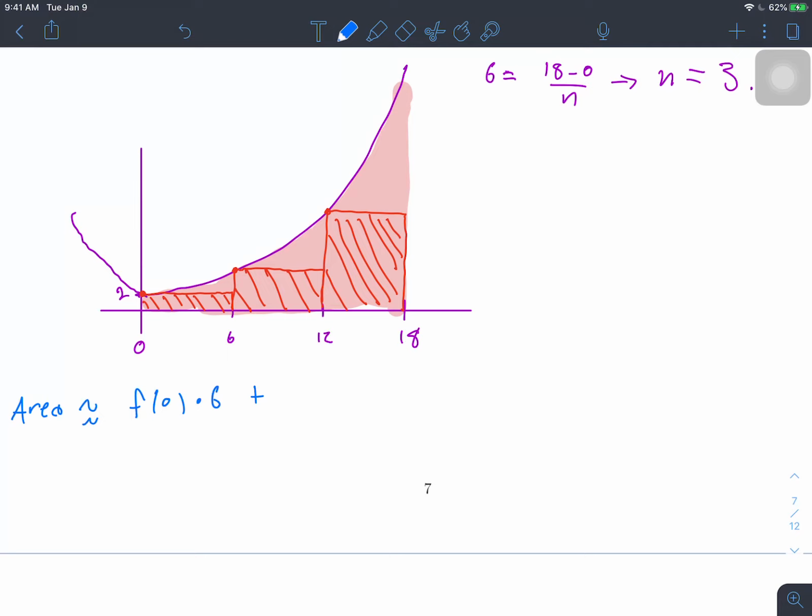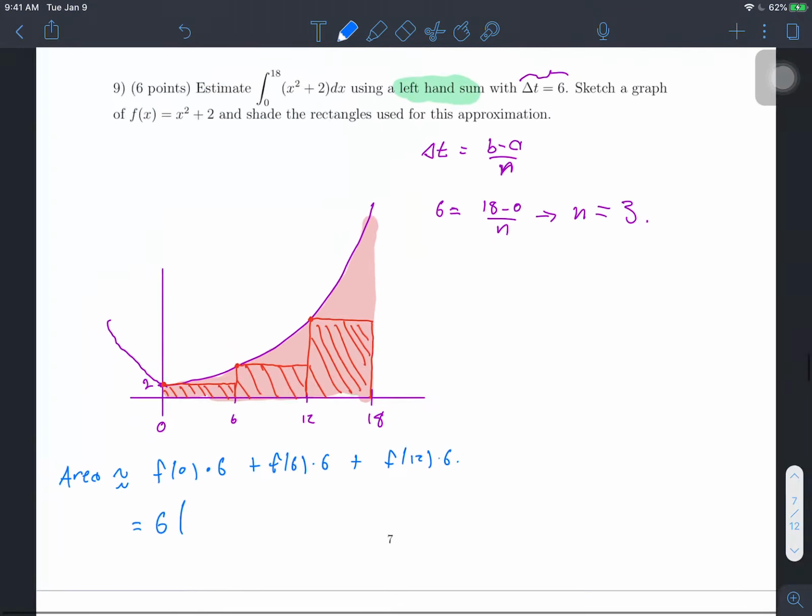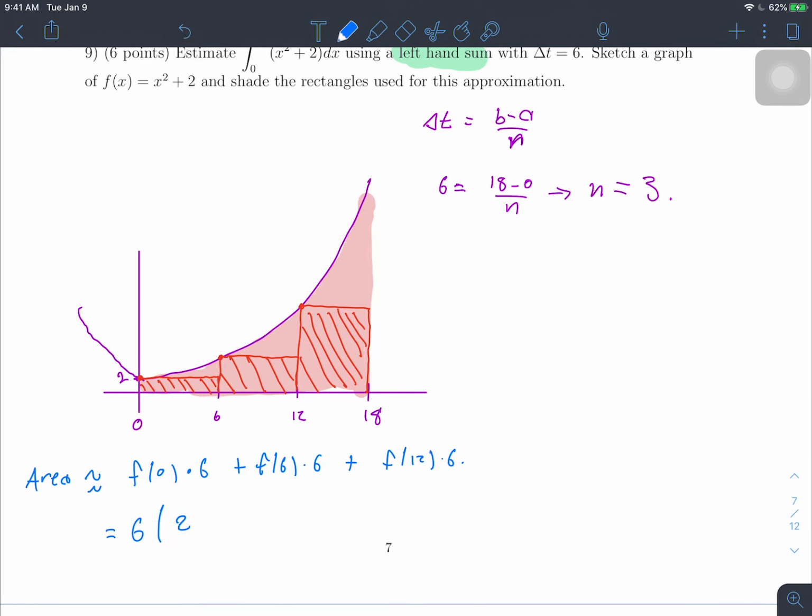We add to that the area of the second box, f of 6 times 6, and the area of the final box, f of 12 times 6. So this will be equal to 6 times f of 0 plus f of 6 plus f of 12. Well, f of 0 will be 2. f of 6 will be 36 plus 2. And f of 12 will be 144 plus 2.